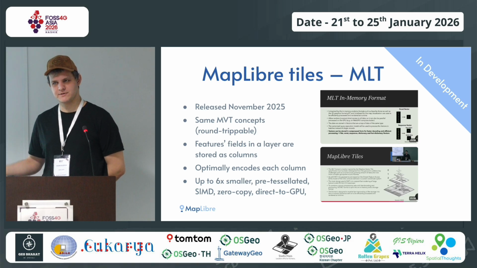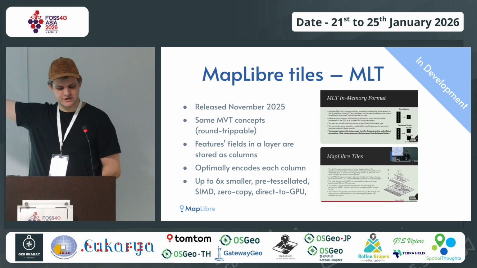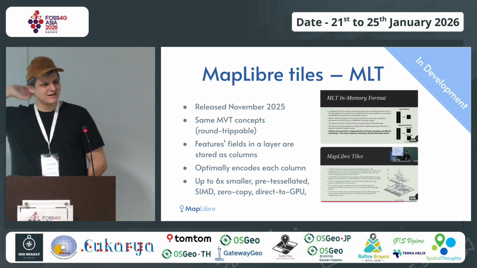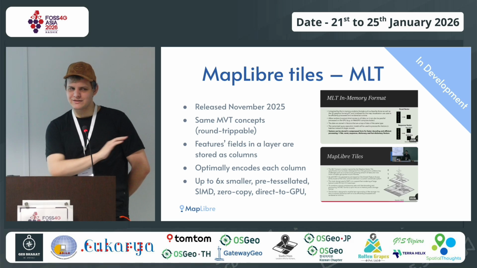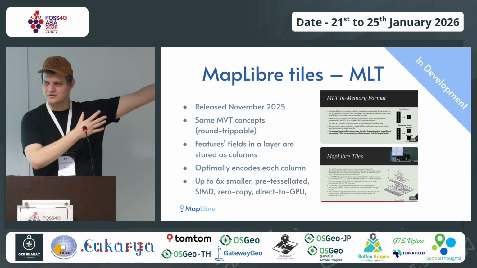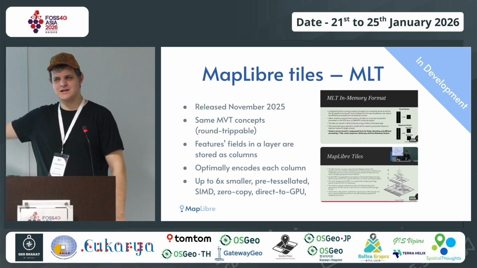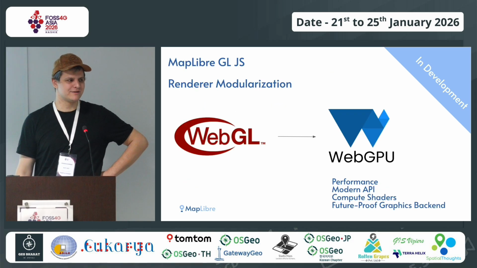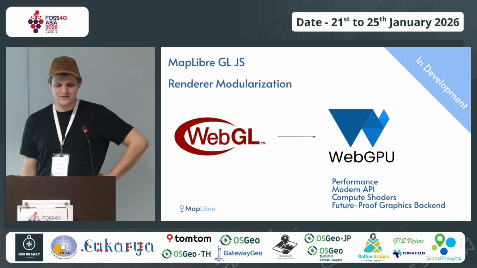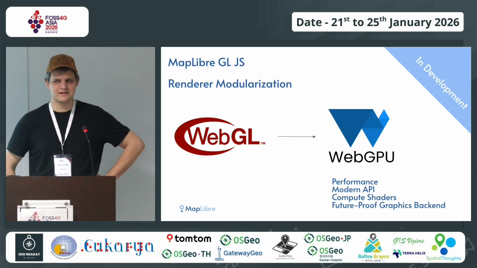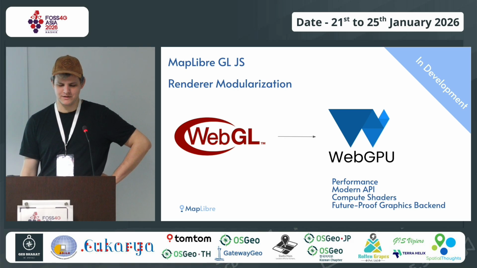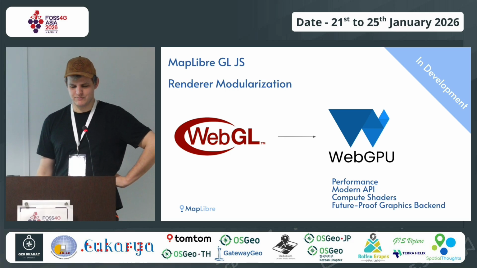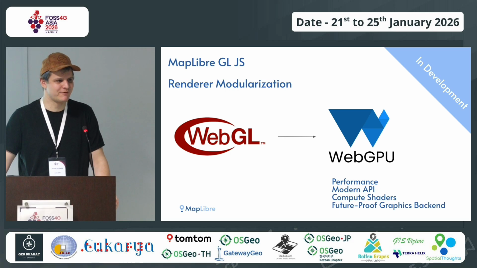It's round trippable, allows pre-tessellation, allows you to do SIMD stuff with it, maybe even able to be directly copyable to the GPU, which is then going to be even faster. So there are a number of performance benefits going on. We're also currently in the process of migrating our web renderer from WebGL to LumaGL, which allows us to have WebGPU support for extra performance.